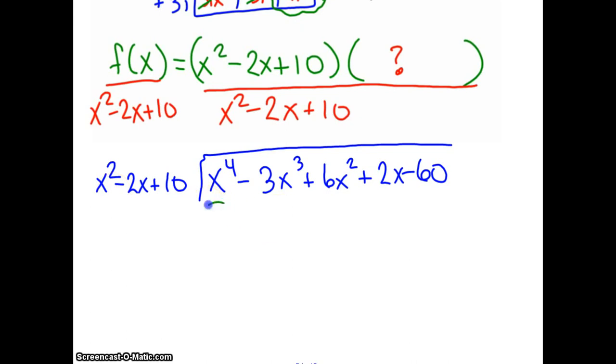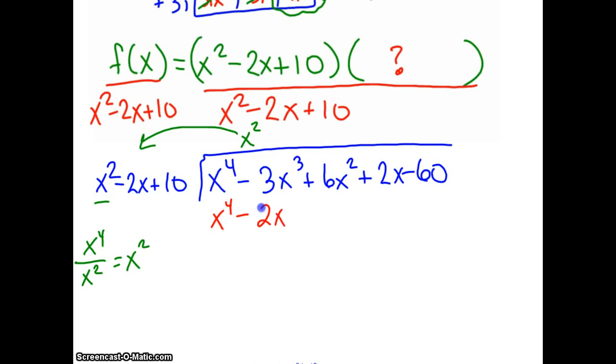Again, the first one on the inside divided by the first one on the outside, you get x squared. When I distribute, remember you have to distribute to all, you get x to the fourth minus 2x cubed plus 10x squared. Don't forget to switch the signs to all of them.